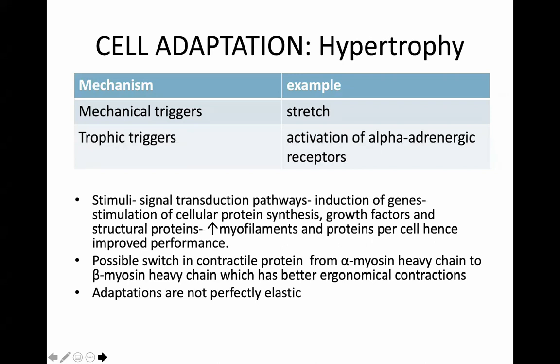So hyperplasia commonly occurs in cells that divide frequently. But what happens in hypertrophy is that cells that cannot divide rapidly grow in size to accommodate the stress they are under. Okay.